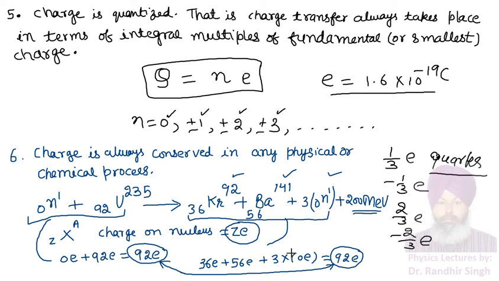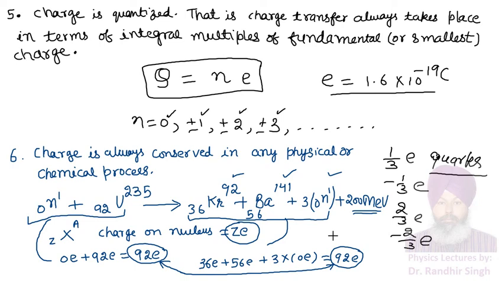Let us now go to the initial example that I took at the start of my lecture, and with the help of the properties that we have just studied related to charge, let us try to explain why two protons repel each other.